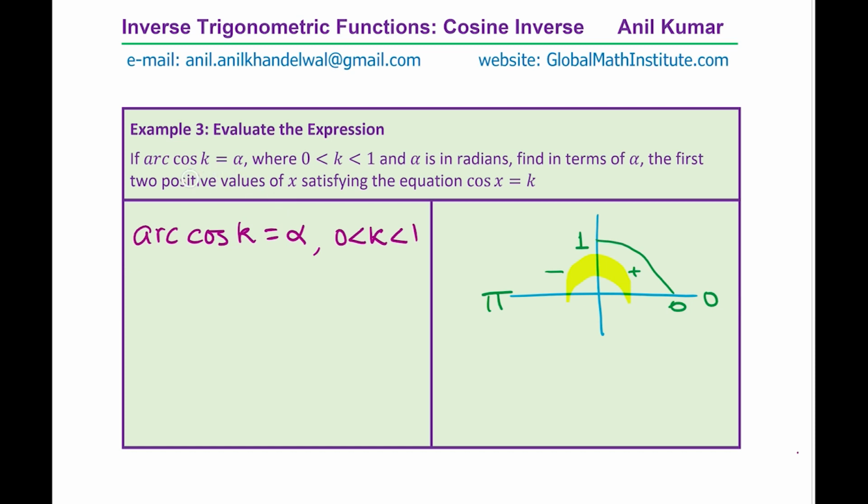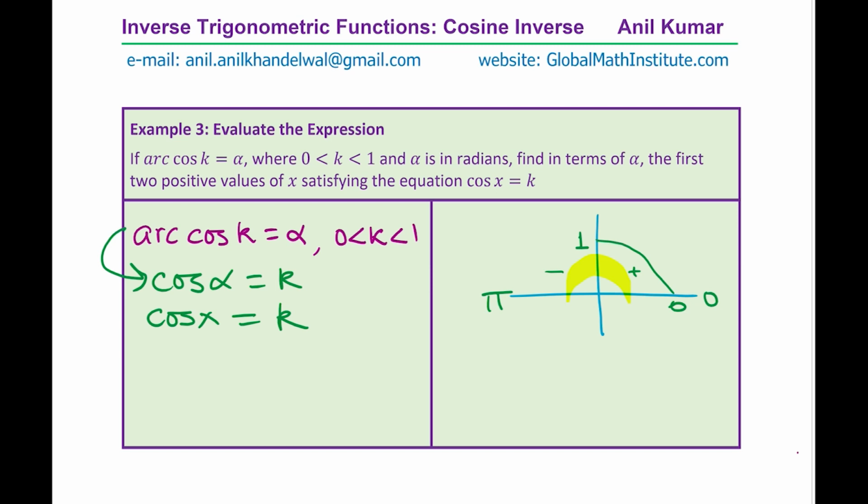Now it says arc cos k equals alpha, where k is from 0 to 1, alpha is in radians. Find in terms of alpha the first two positive values of x satisfying the equation cos x equals k. So if I have cos x equals k, here we can write cos alpha equals k from this equation, right?